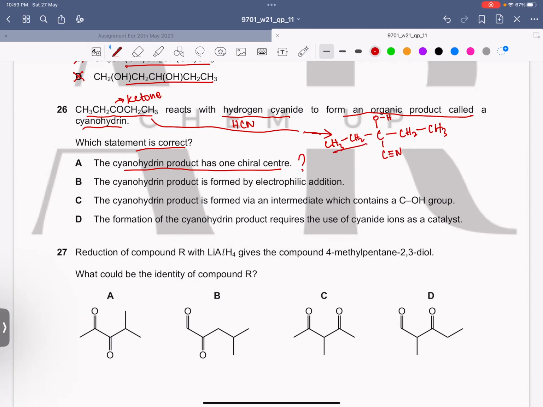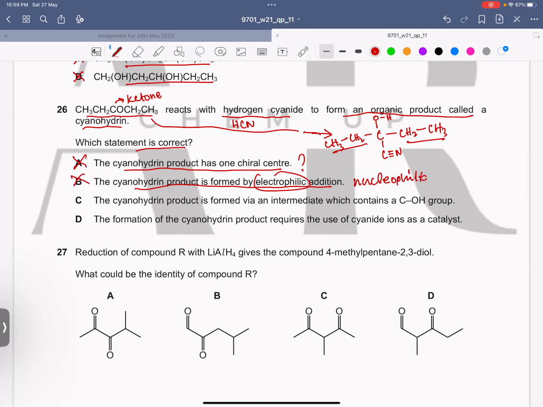If you see, both sides have the same group, so no chiral center. A goes wrong. Cyanohydrin product is formed by electrophilic addition. No, if you recall, it's not electrophilic addition. This reaction is considered nucleophilic addition.